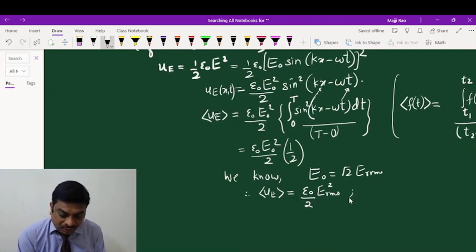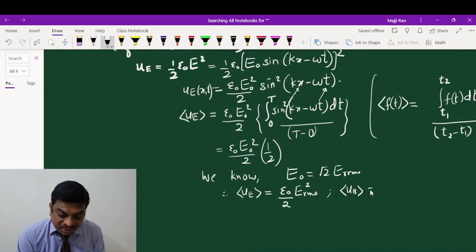On a similar basis, it can be shown that the average energy density due to magnetic field is equal to B RMS square upon 2 mu naught.